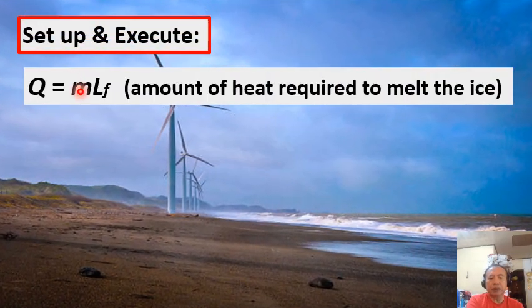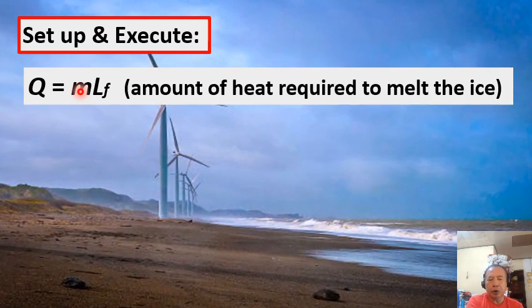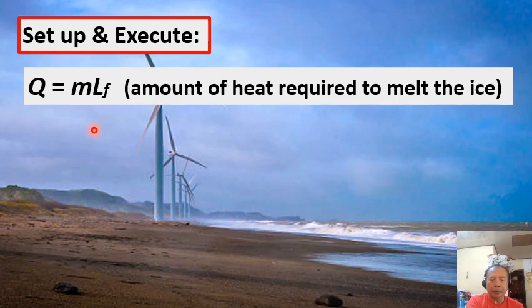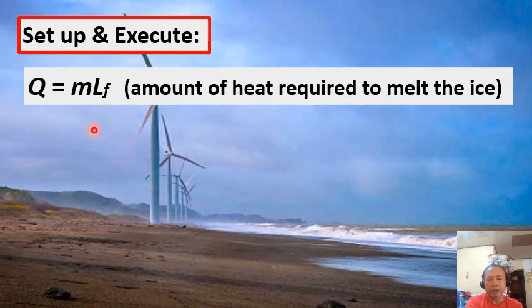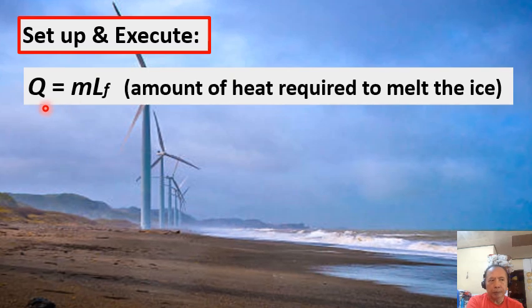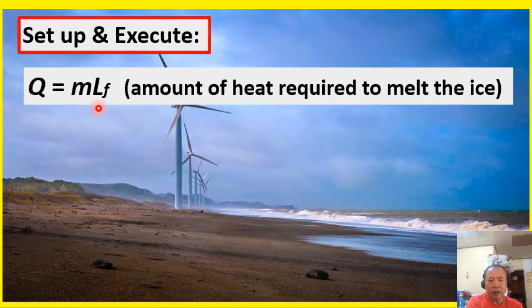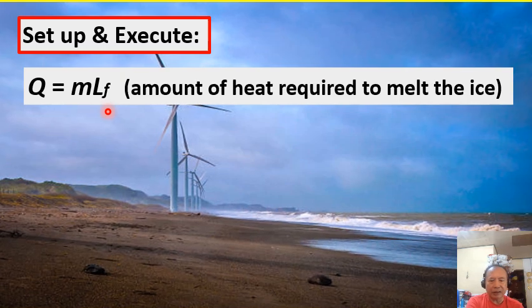Moving on to our computations, we first find Q, or the amount of heat that is required to melt the ice. Q is just equal to the product of the mass of the substance and the constant latent heat of fusion.